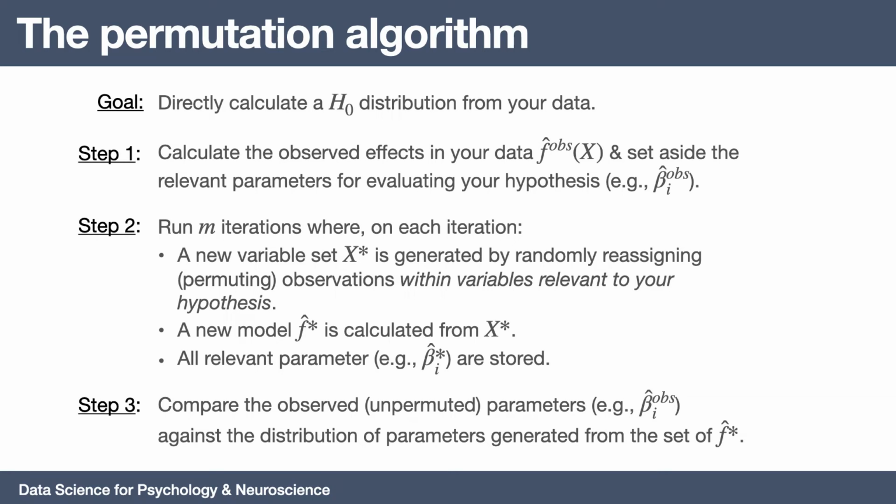That's it. It's a pretty simple algorithm, but it's incredibly powerful because now you have no assumptions about the nature of your data. You don't have to have normally distributed y. You don't have to have uncorrelated variables in X. There are no assumptions with permutation tests.